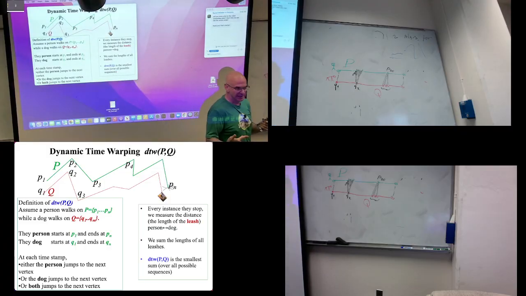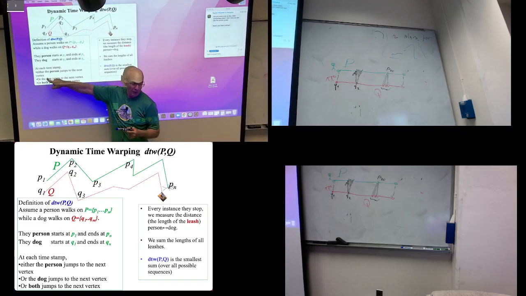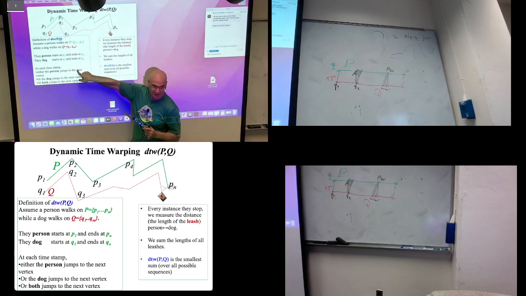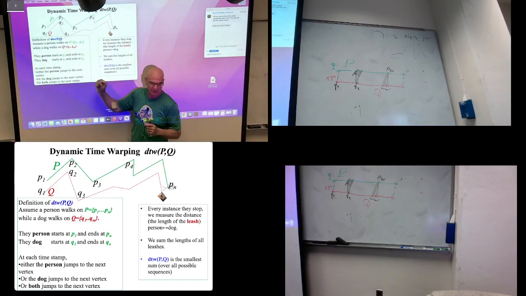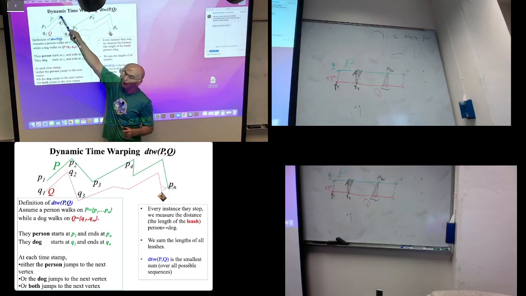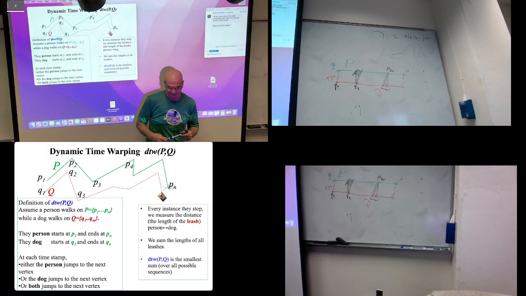What do we have to decide? At each step, there is one of three options. Either the person jumps from one vertex to the next vertex, but the dog doesn't move at that particular step. Again, the person moved, say, from p1 to p2, and the dog stays at q1. An example.